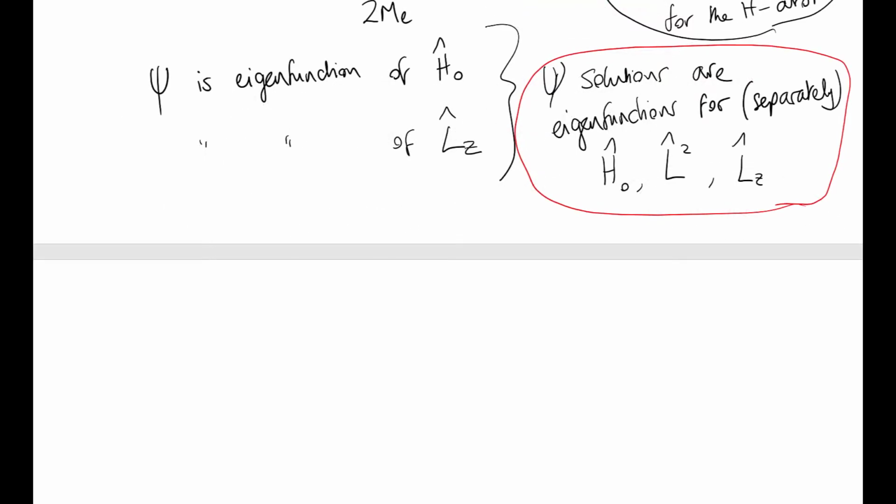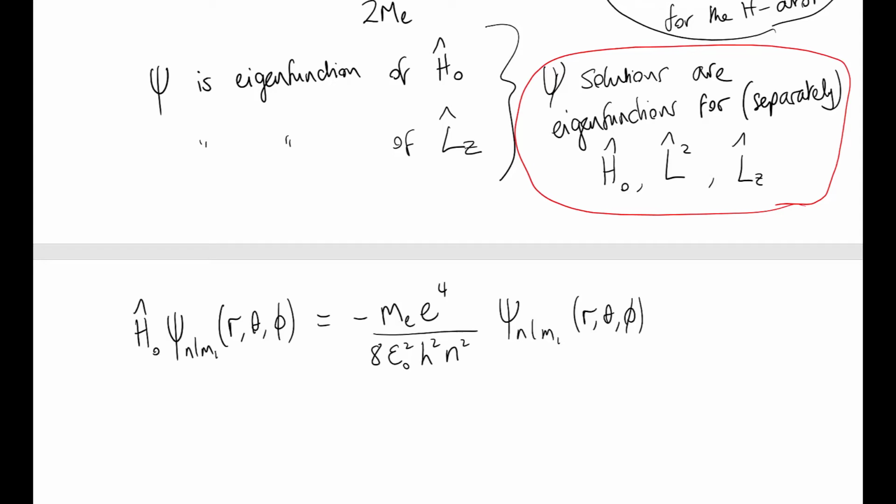What else do we know from earlier in chapter 7? Well, we know the eigenvalue for the Schrodinger equation for the hydrogen atom. So let's have a look at that. So our eigenvalue is already known.